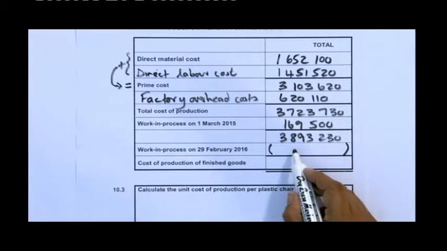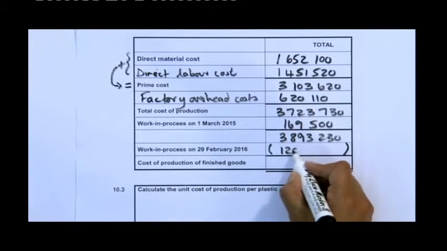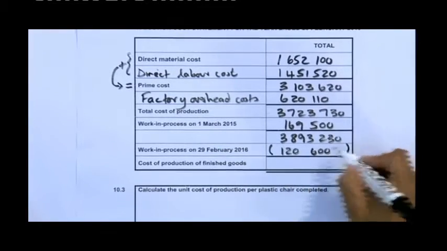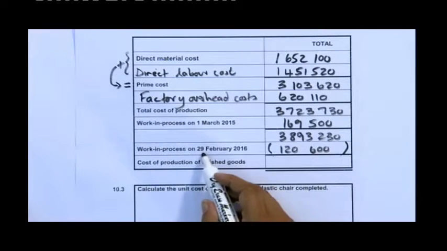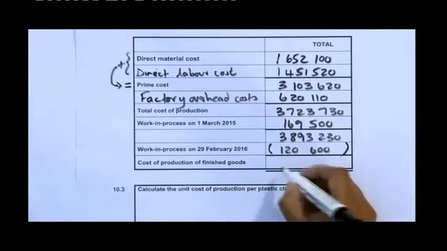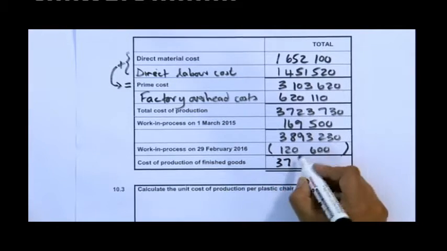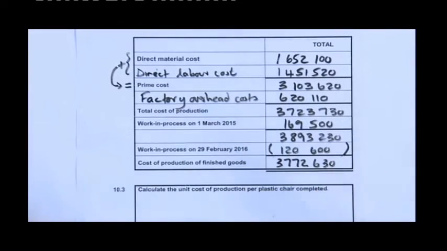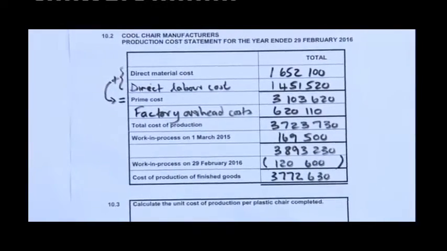Then I'm going to subtract my closing stock, 120,600. And then I'm going to subtract, because it's in brackets, it's work in progress, closing, opening. Okay, remember it's always opening and then closing after that. My cost of production of finished goods for the year, 3,772,630. And that is my production cost statement.